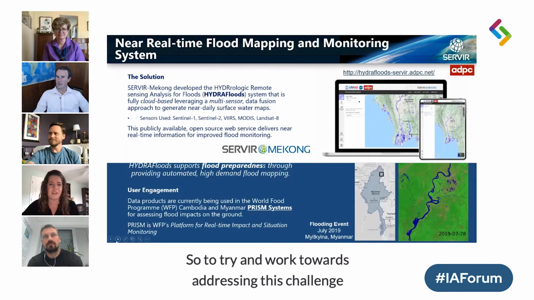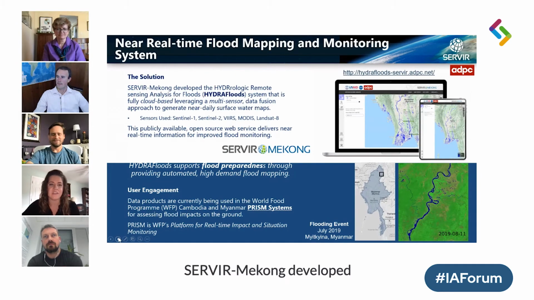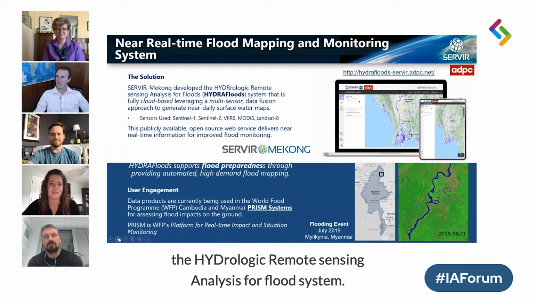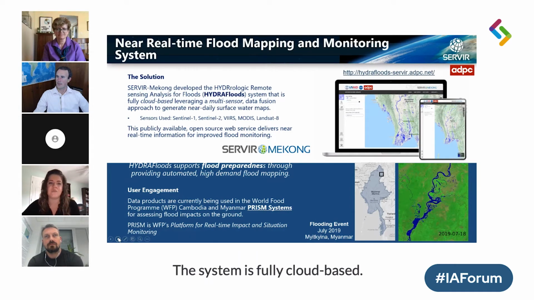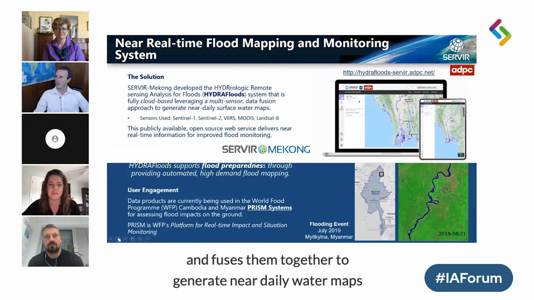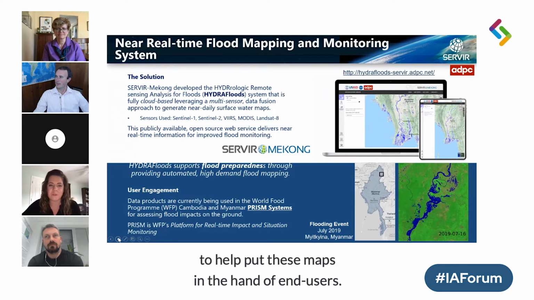So to try and work towards addressing this challenge, Severe Mekong developed the Hydrologic Remote Sensing Analysis for Flood System. The system is fully cloud-based. It leverages many different sensors from many different satellites and fuses them together to generate near daily water maps to help put these maps in the hands of end users.